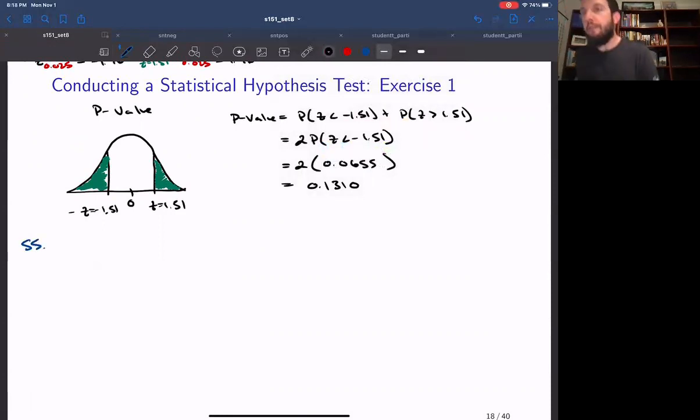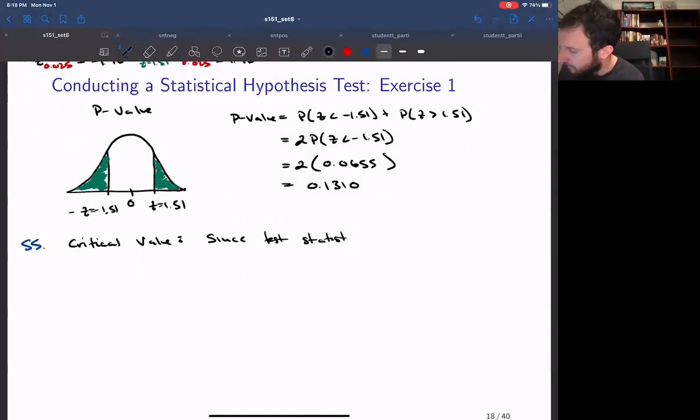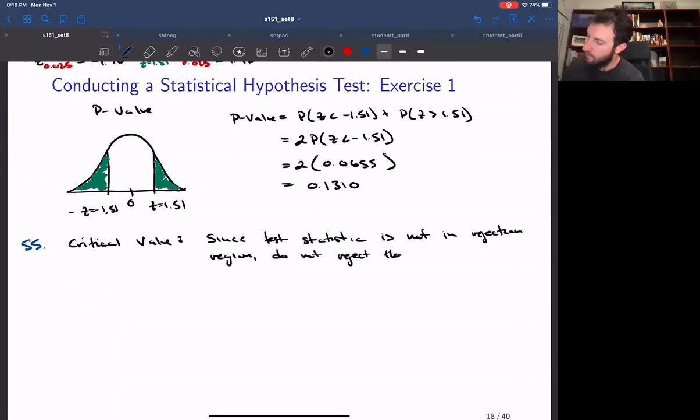Okay, on step 5, we make a decision about whether to reject or not reject H naught. So if we use the critical value approach, we would say since the test statistic is not in the rejection region, do not reject H0.